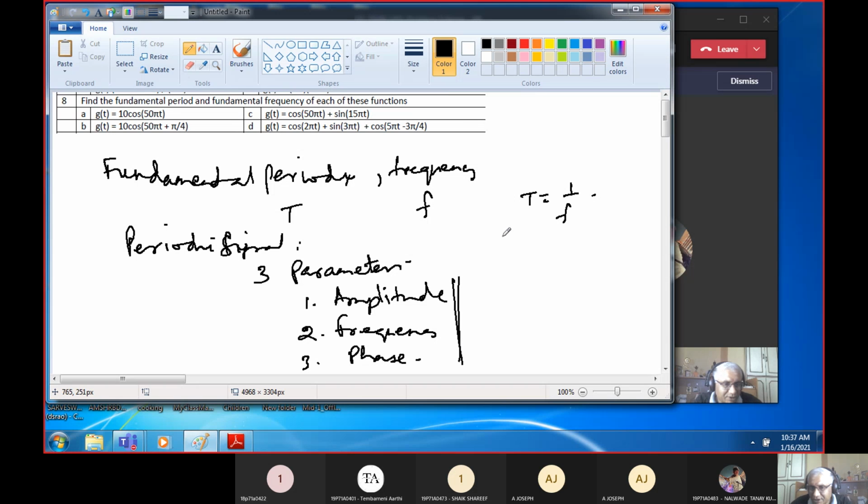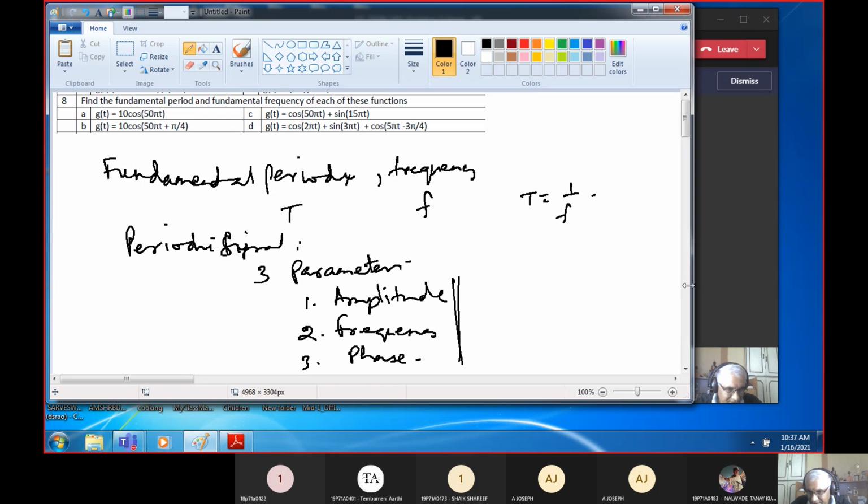All these 3 are important: amplitude, frequency, and phase. Amplitude is not frequency, frequency is not amplitude, phase is not amplitude, phase is not frequency. Each one of them is different. Although sometimes frequency and phase look similar, they are different.